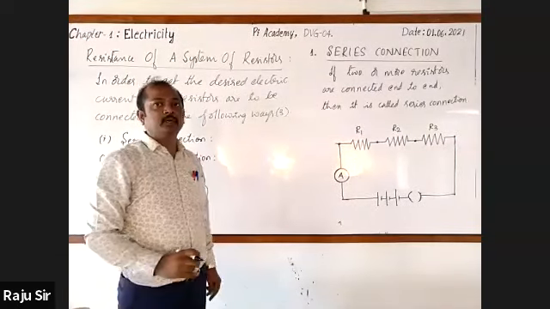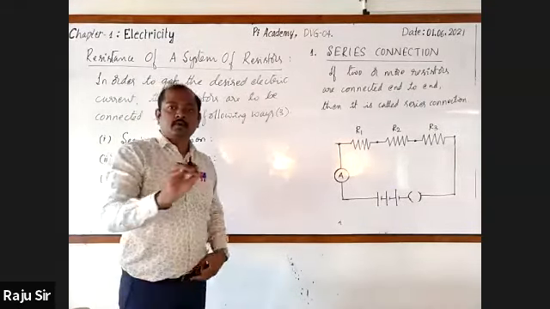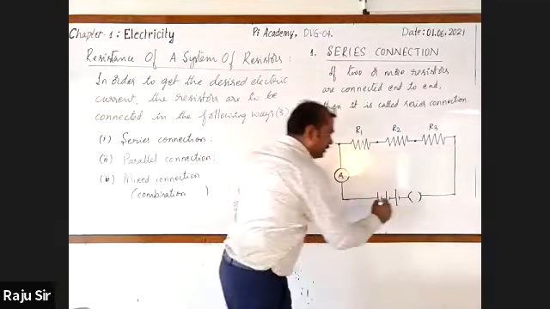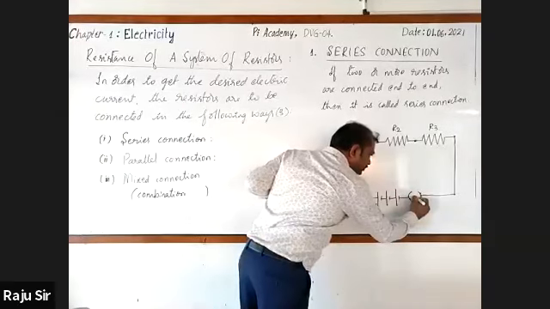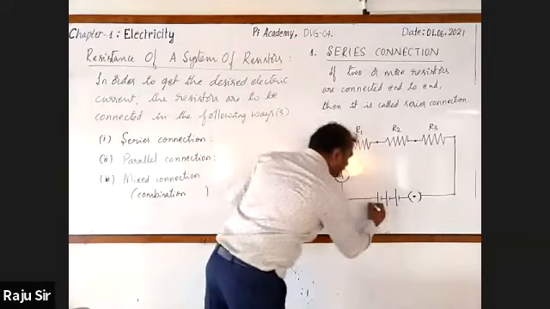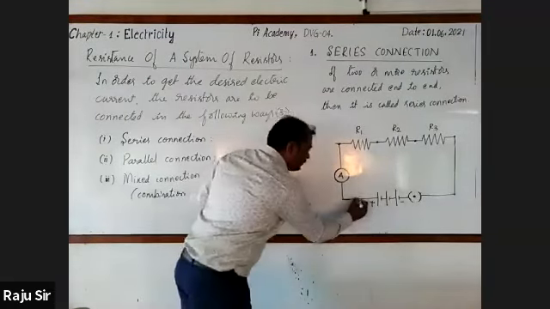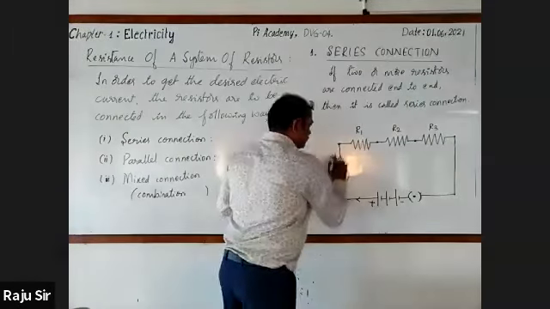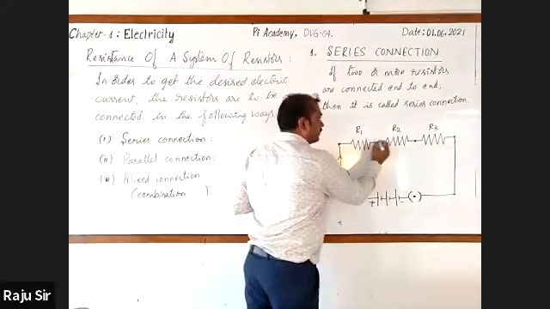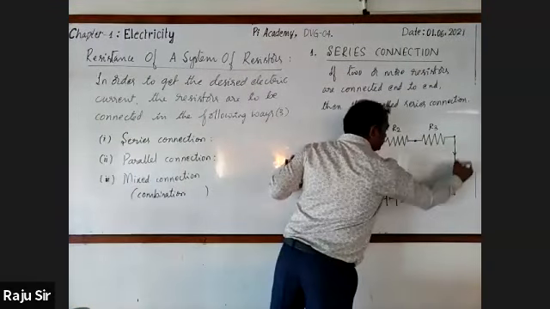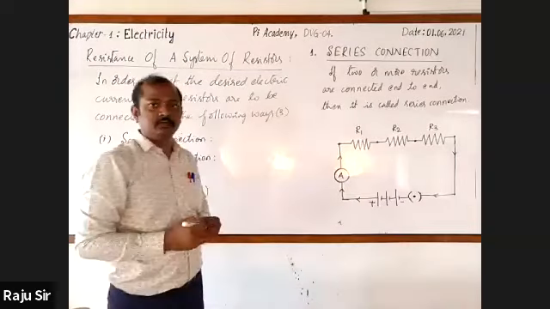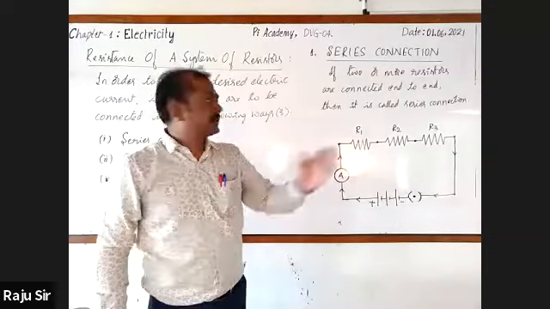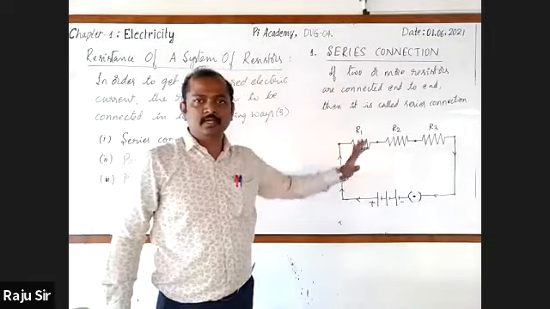Then if you want to make them work, you can switch on. Now, let us switch on. Then current starts flowing from the positive terminal to the negative terminal. It will pass through R1, R2, R3, then again come to the negative terminal. This is the circuit diagram with respect to series connection of 3 resistors. Very simple circuit diagram.